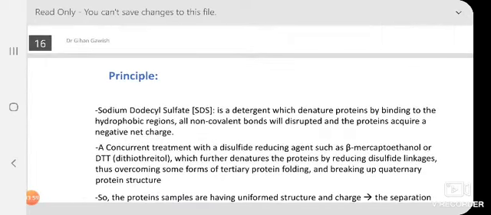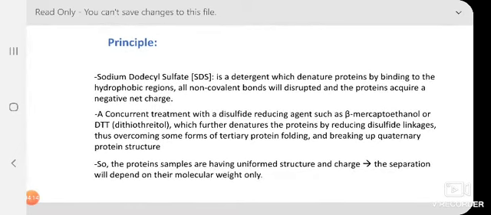So, in the principle, sodium dodecyl sulfate is a detergent which denatures protein by binding to the hydrophobic regions. All non-covalent bonds will be disrupted and the protein acquires a negative net charge. SDS, being a detergent, actually interacts with the non-covalent bonds, remember. That means we are not disturbing the protein primary structure.